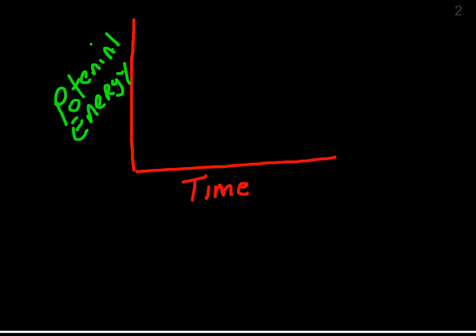And if you remember back to, I forget what chapter, but delta H is sort of what we're talking about here. Okay, so I have potential energy, delta H, versus time.